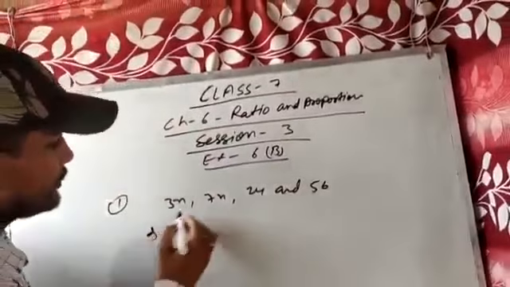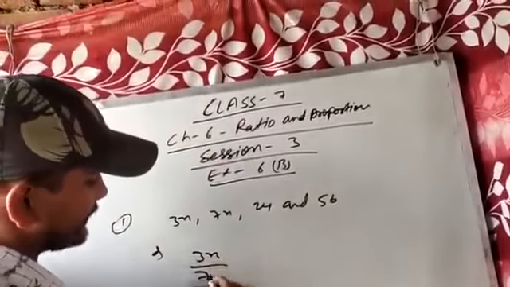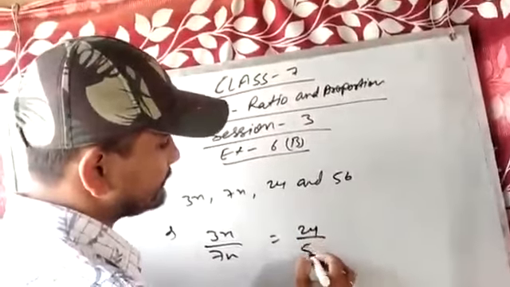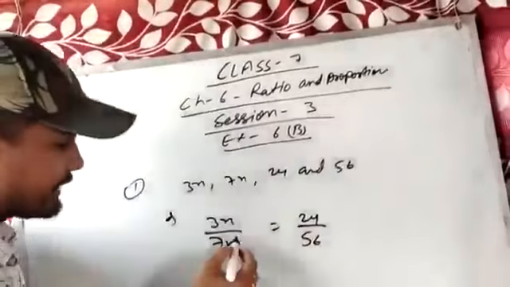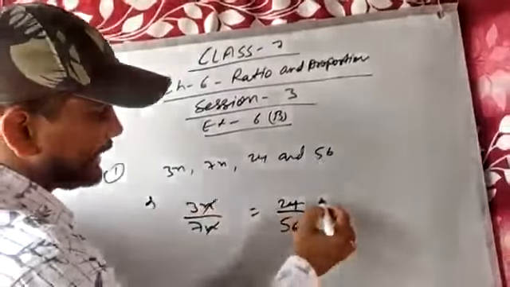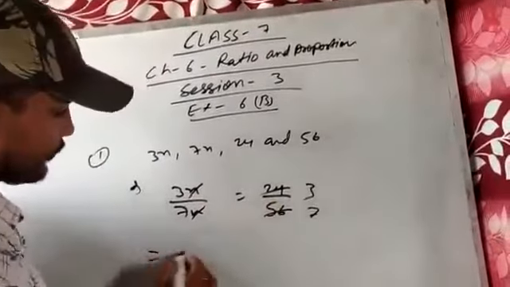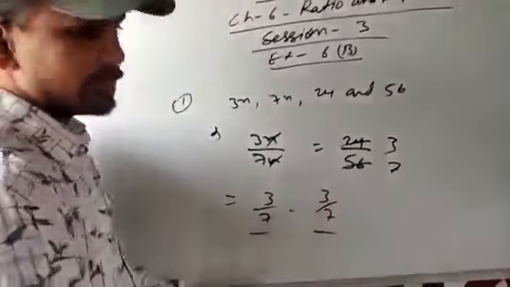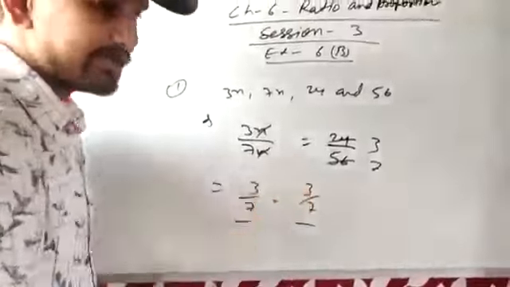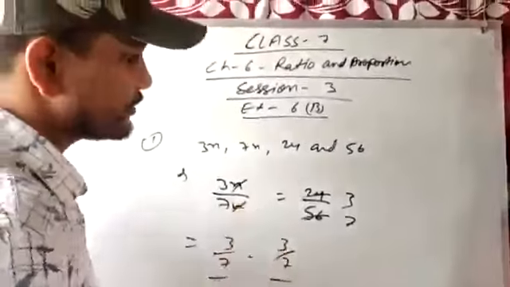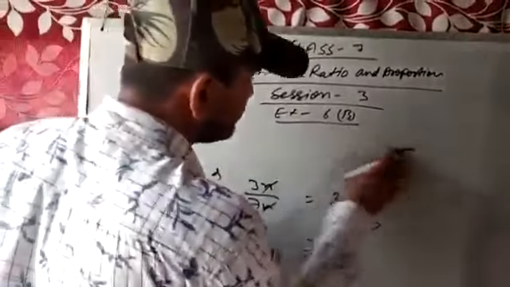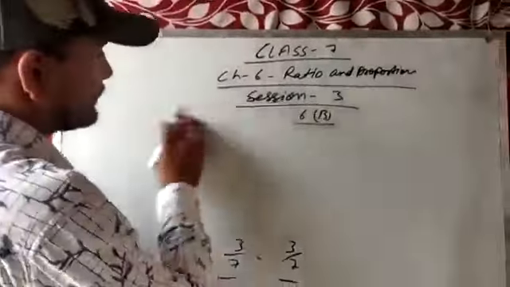So what you will do, first of all write 3x by 7x, and here 24 by 56, and you have to cancel. Cancel x with x, 8 3s are 24, 8 7s are 56. So we got 3 by 7 is to 3 by 7. Same 3 by 7 here and 3 by 7 here also. So this is a proportion. All the questions are the same. You have to only divide and check.